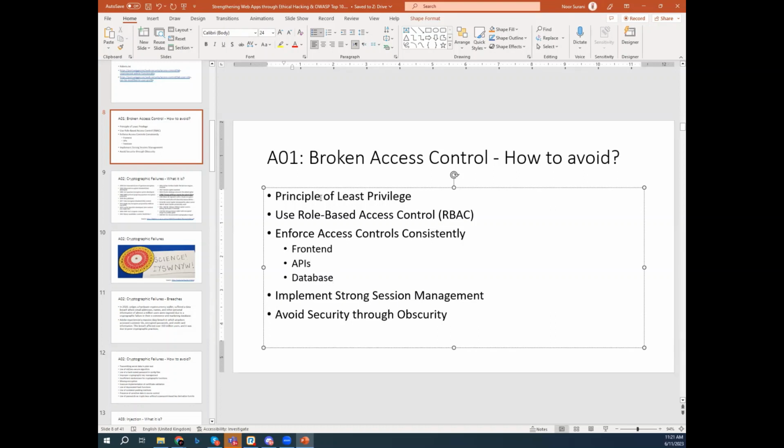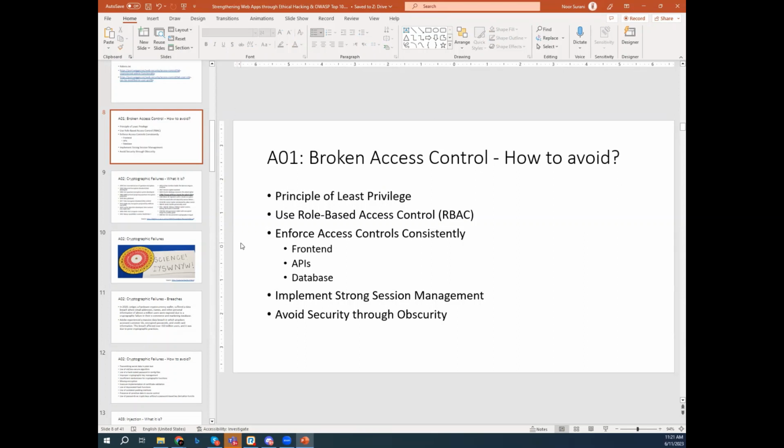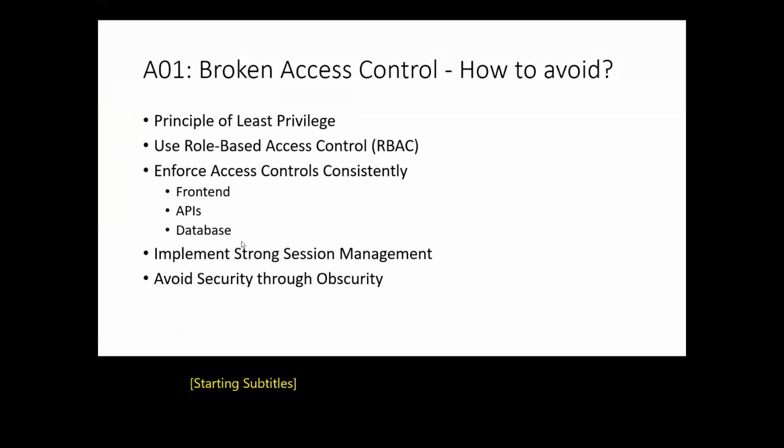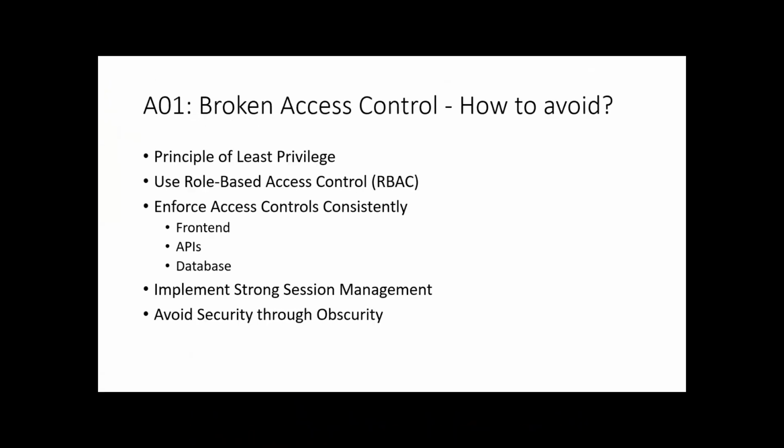Basically, you have to enforce the access control on all three levels where possible. And then you implement strong session management. There are applications out there which don't have proper session management implemented, and users can exploit the sessions. So these are the things you can do to avoid broken access control.